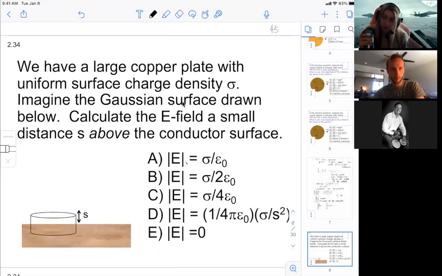So now we use Gauss's law to calculate the E field near a uniform large sheet. It used to be that the large sheet was not a conductor. We were doing an insulator situation before, but now it's a conductor. We have surface density sigma. So use Gauss's law to calculate the E near the surface. What do you think that is?